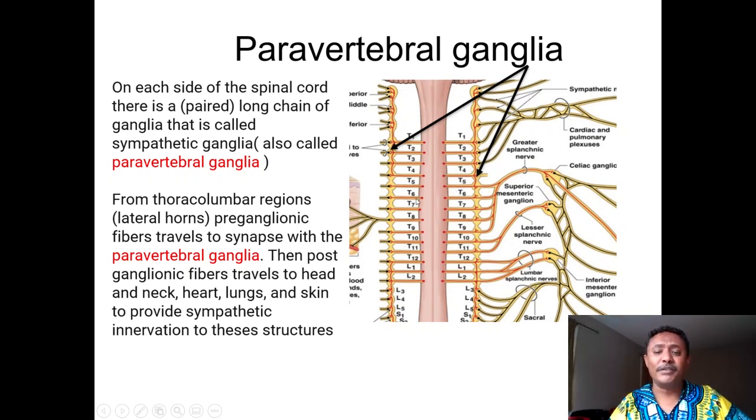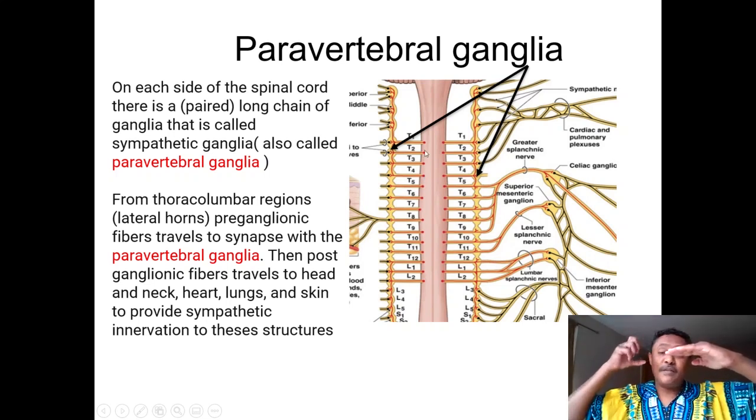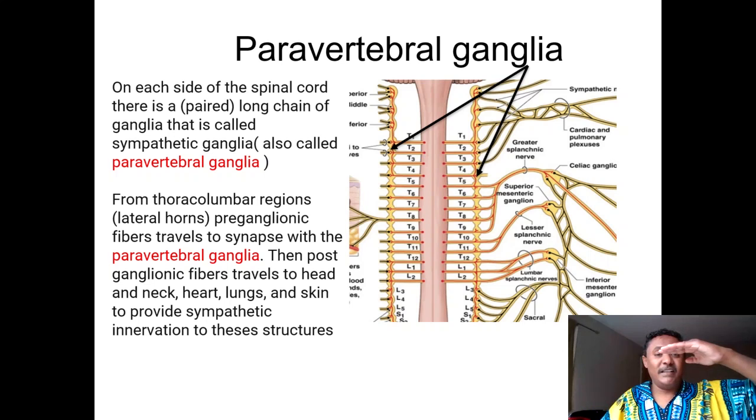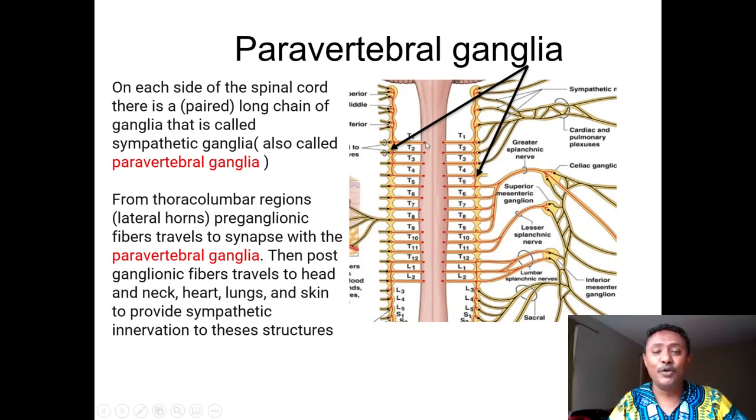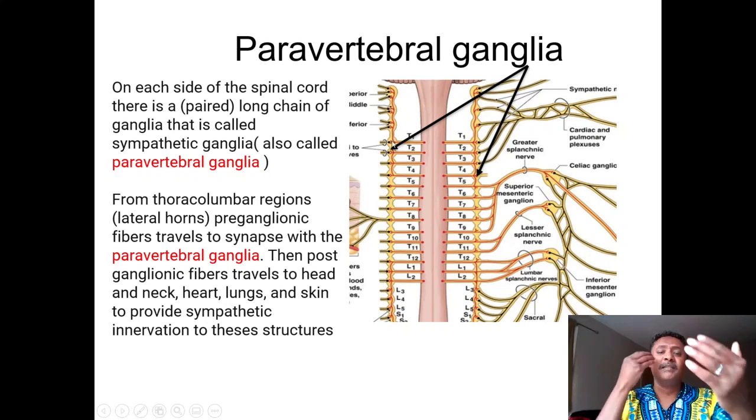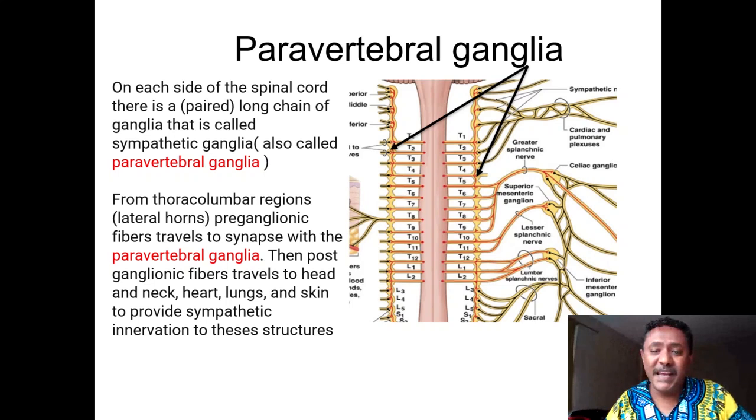From the lateral horns of the spinal cord, in the thoracolumbar, not in the cervical, not in the sacral, I'm gonna have the preganglionic fibers coming out. And then when they reach these ganglia on each side, they will synapse with it. Then the preganglionic fibers end, and what starts is gonna be the postganglionic.